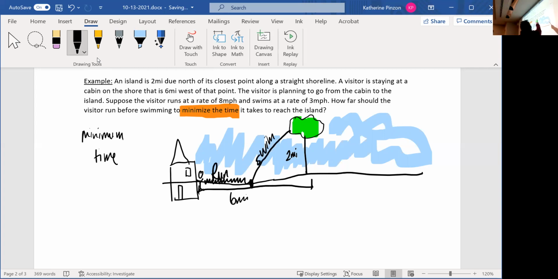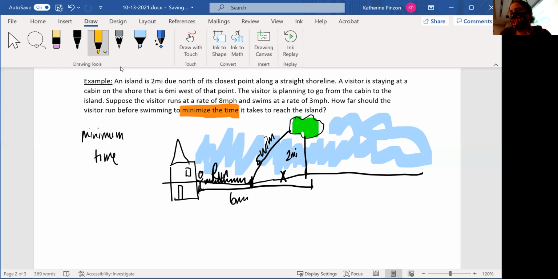It says, how far should the visitor run before swimming to minimize the time it takes to reach the island? So there's some distance here. I'm going to call this X, the distance on the bottom of the triangle, because it makes my life easier. If the total distance from the cabin to the point directly below the island is 6 miles, and this is X, how far do they run?